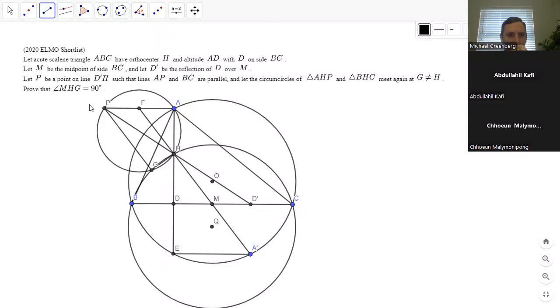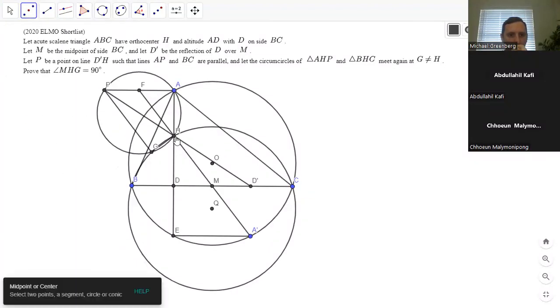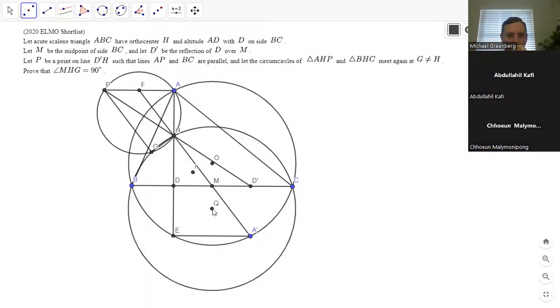So we want the antipode of H, which is this point, and not the midpoint. We want the antipode. So that should be collinear with these. So we have this and this. And we want to show that these are all collinear.